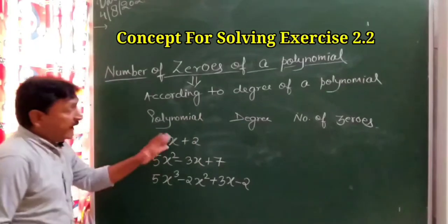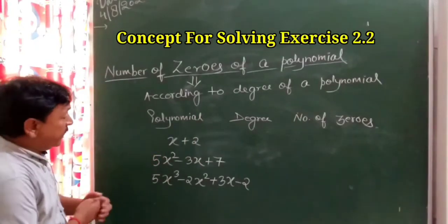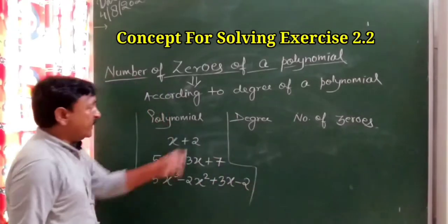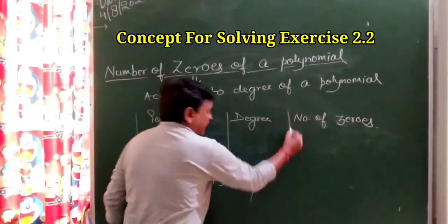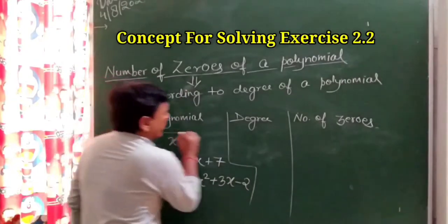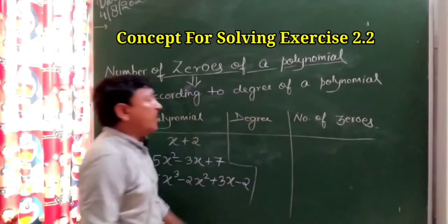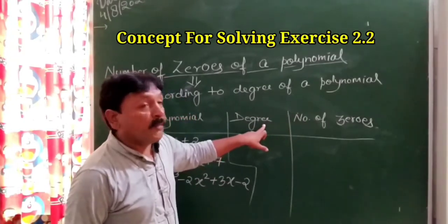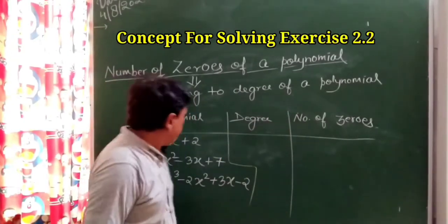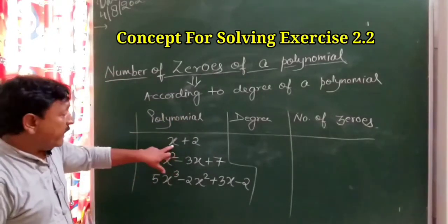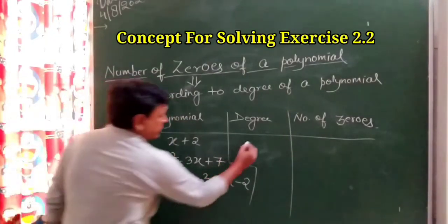See, here we have one table. In the first column it is written polynomials, in the second its degree, and in the third the number of zeros. So let's see how the number of zeros and the degree of a polynomial are related to each other. Now see the first one, x plus 2. Its degree is 1.